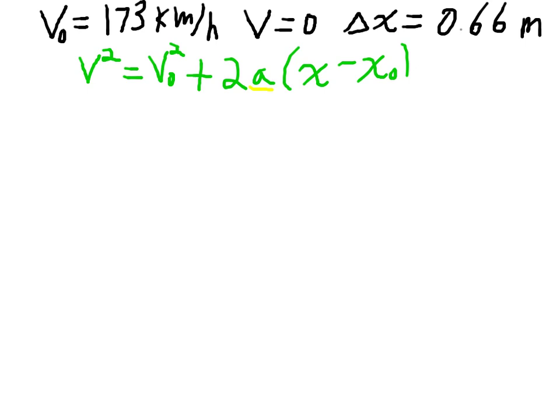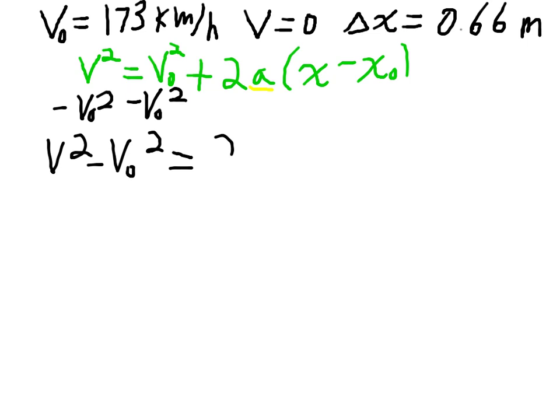So first part, I'm going to get a by itself, so I will have to subtract v naught squared from both sides, to give me v squared minus v naught squared. And remember, v naught is v initial, equals other stuff left, 2a(x minus x naught), another way of writing delta x.